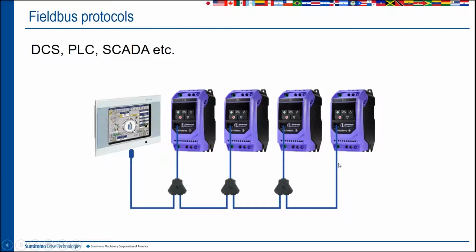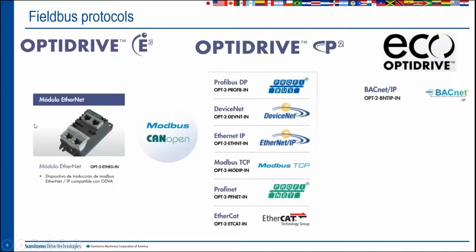By the way, I will talk to you about the families in Invertek. So don't worry if you don't understand what E3 and P2 are. So the fieldbus I was talking about: for example, some drives are compatible with Ethernet IP, but some other drives will be compatible with Profinet, or EtherCAT, or maybe another kind of application.